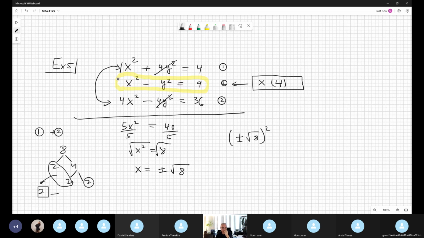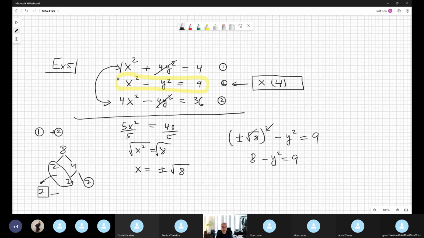I replace x with this. Don't forget the square. Minus y squared equals 9. Obviously it is 8, because square root and square cancel out. And plus and minus squared become positive, always. Minus y squared equals 9.